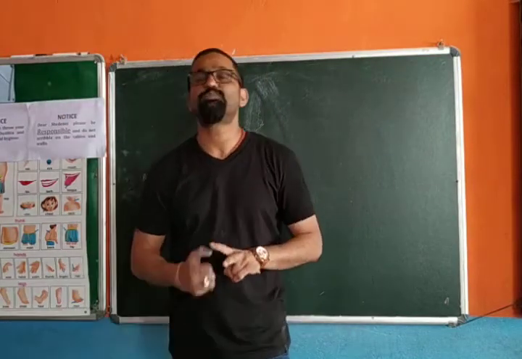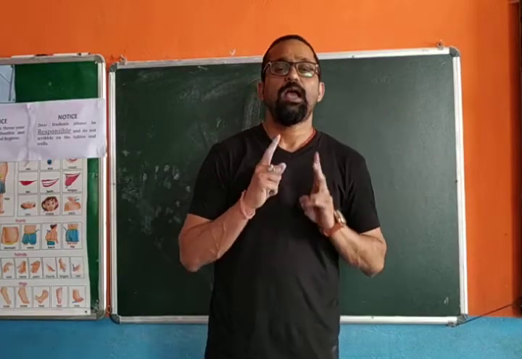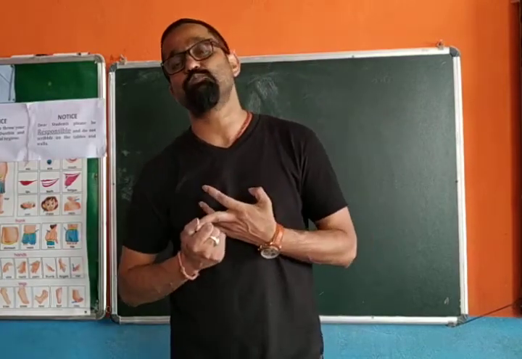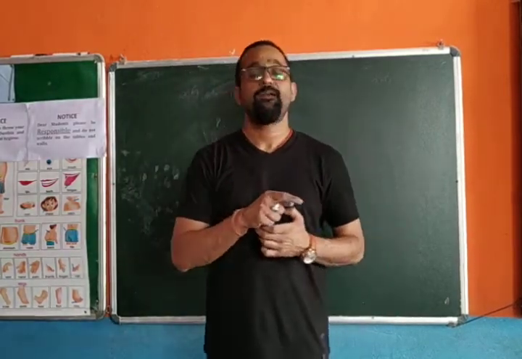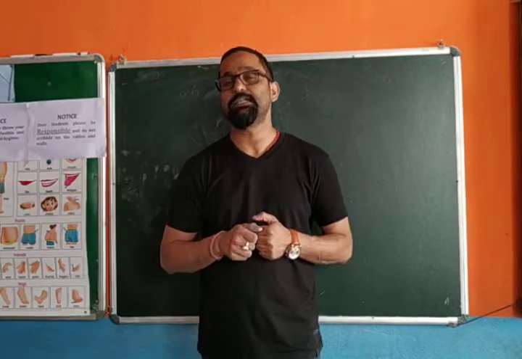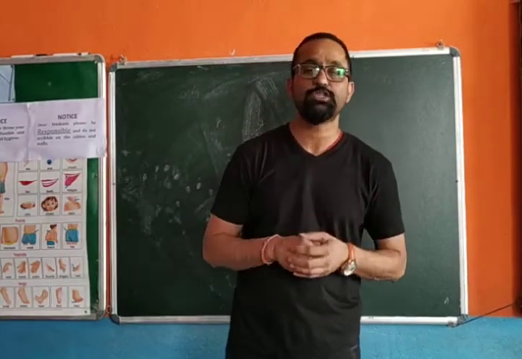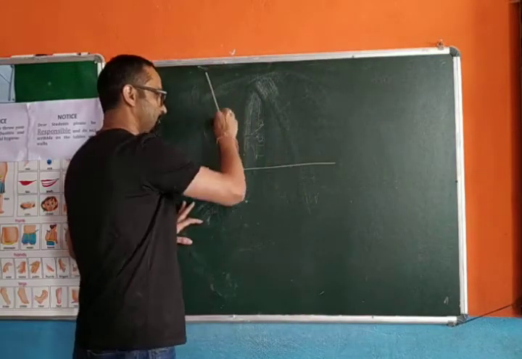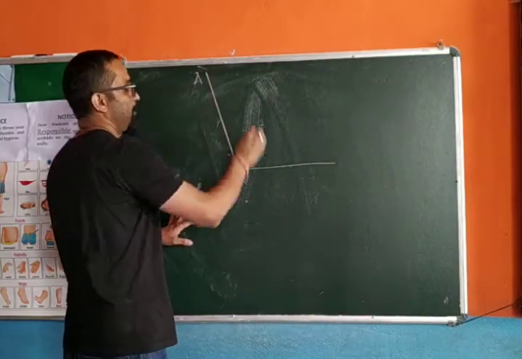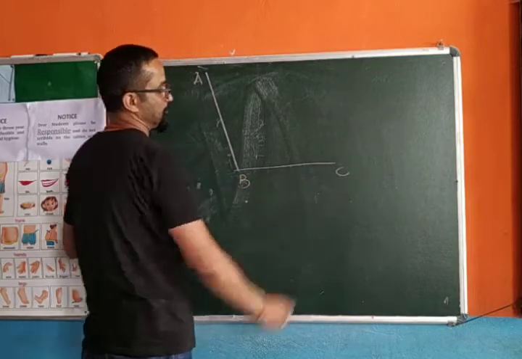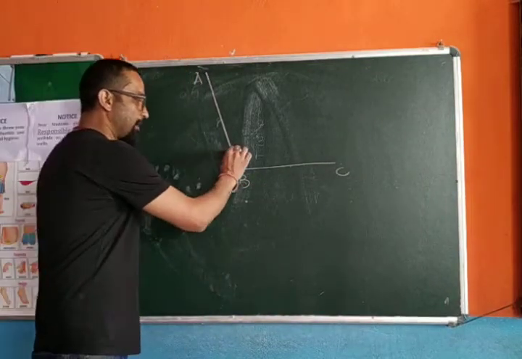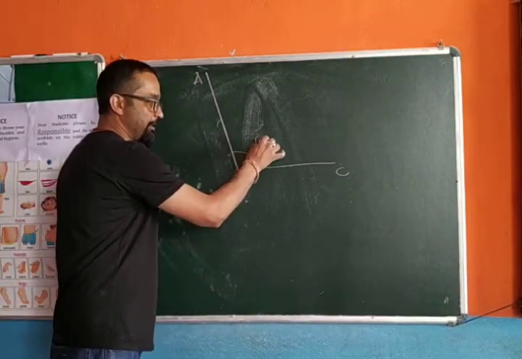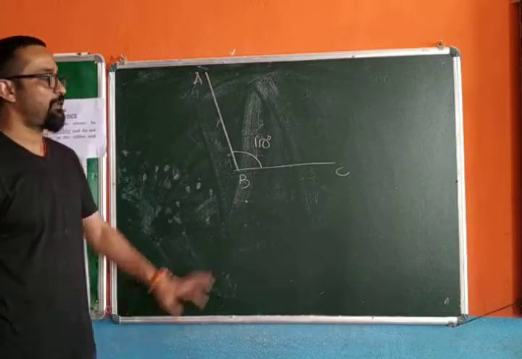Second one is obtuse. An angle whose measure is more than 90 degree but less than 180 degree is called obtuse angle. Look at this diagram, ABC. This angle is 110 degree.